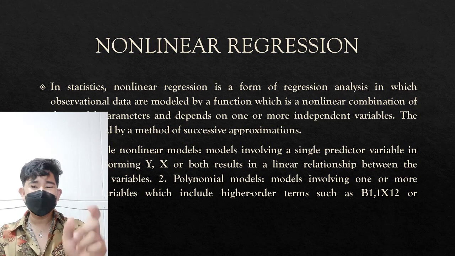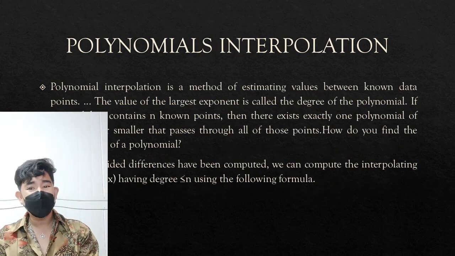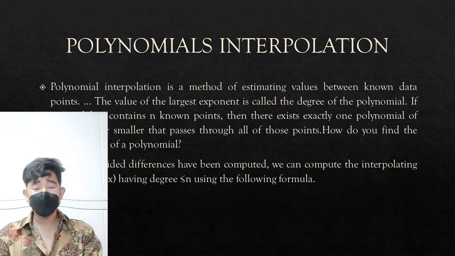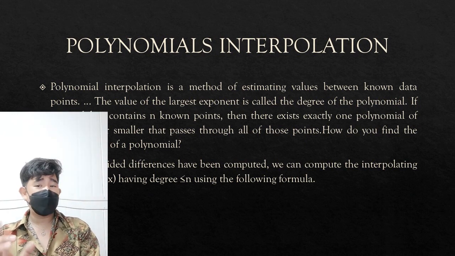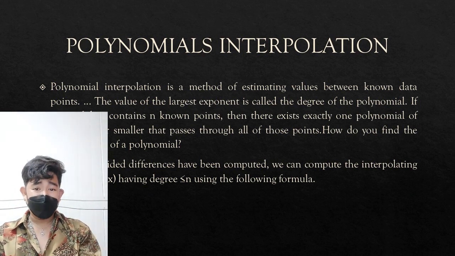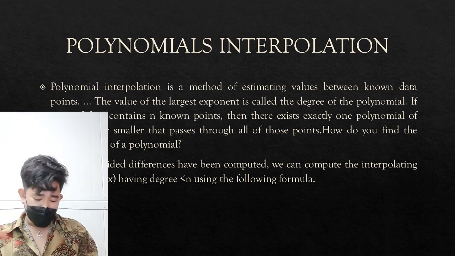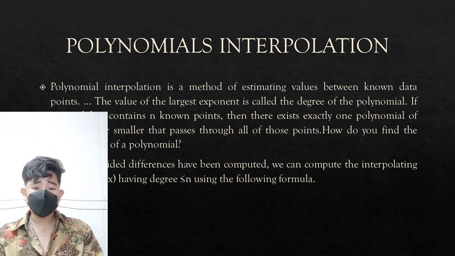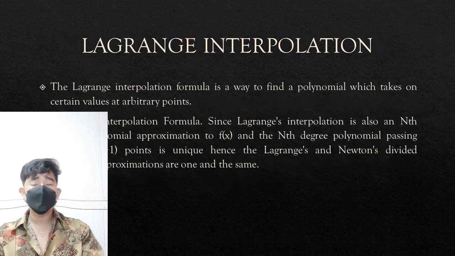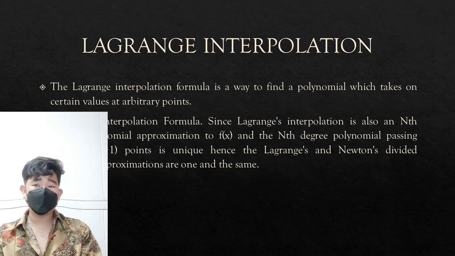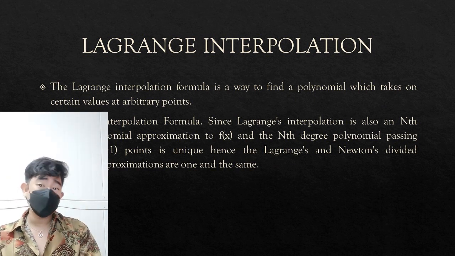How do you find the interpolation of a polynomial? Once the divided differences have been computed, we can compute the interpolation polynomial f(x) having degree less than or equal to n using the following formula. The Lagrange interpolation formula is a way to find a polynomial which takes on certain values at arbitrary points.